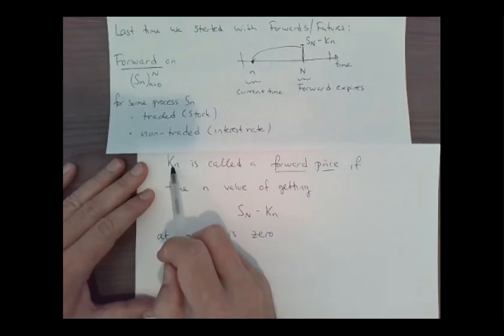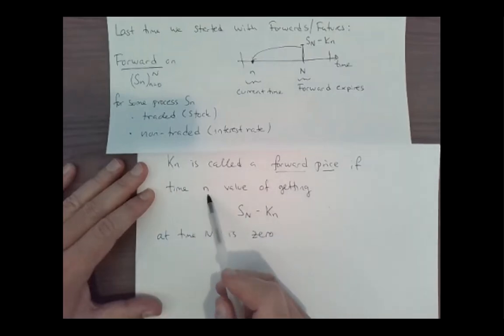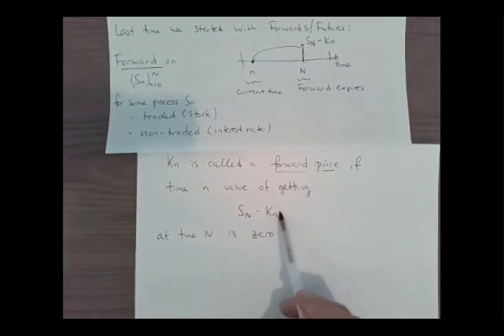So this strike here is such that the value at time n of getting this quantity at maturity is 0.